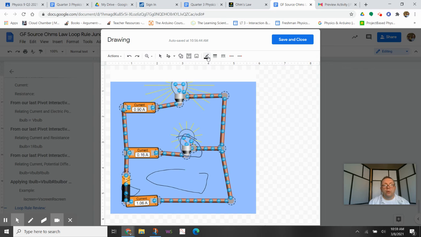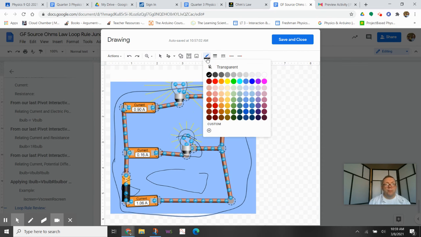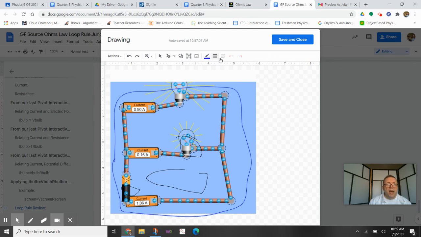And then if we go to a different loop, the outer loop, we'd have from here through here, all the way up to the top, and then down. And for that loop, we'd have again plus 9 for the battery, 0, 0, 0, 0, 0.